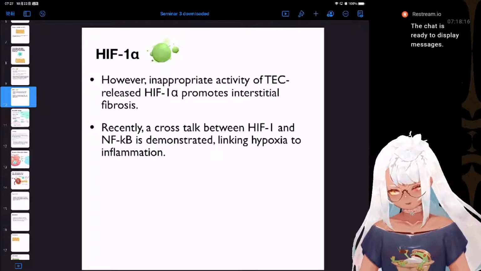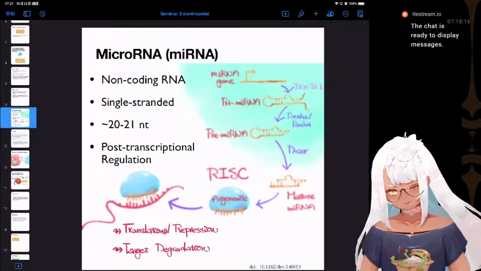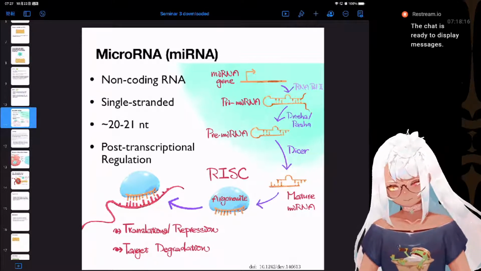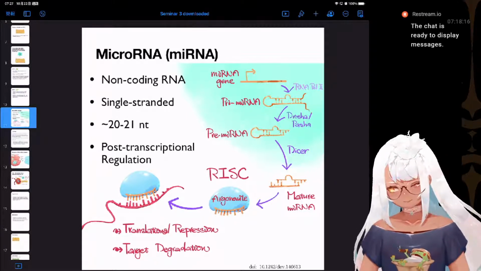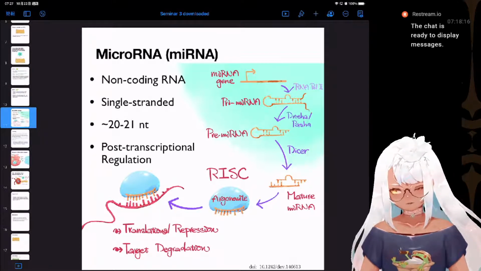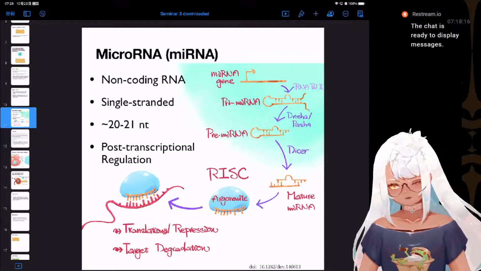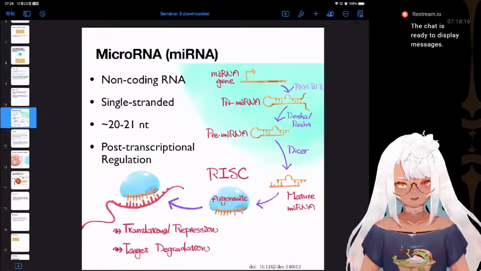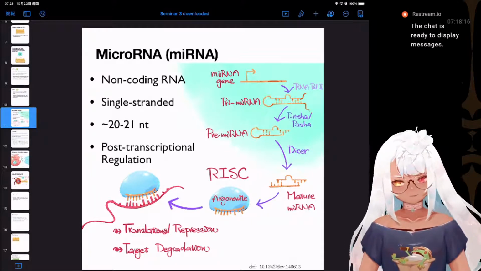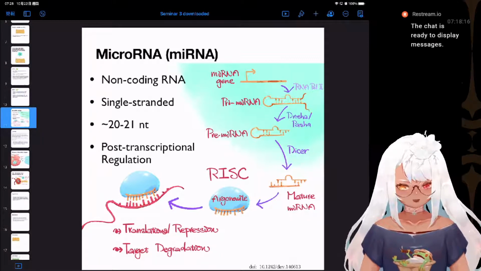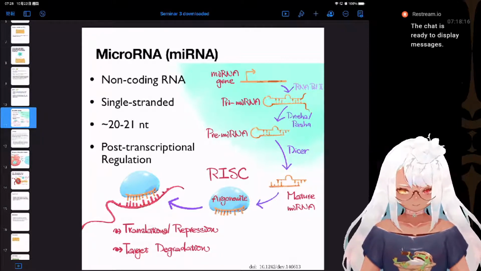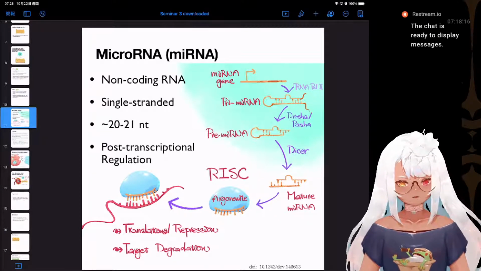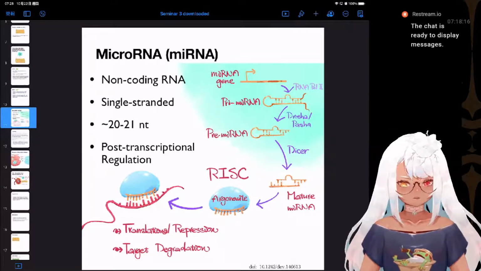Okay, so our next character in the game is microRNA, or miRNA in short. It's a non-coding RNA. Its single strand is about 20 to 21 nucleotides, and it regulates messenger RNA post-transcriptionally. These miRNAs are synthesized within the nucleus. There the premature miRNAs are processed by Drosha and Dicer, then propelled out of the nucleus into the cytoplasm.